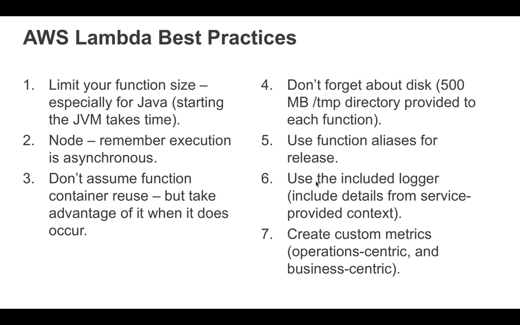You can include the logging service and also create custom metrics with which to analyze the success of your function, whether it's performing as you expect, is utilizing the resources it needs, or is executing the right amount of time.